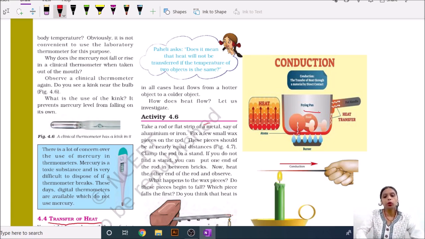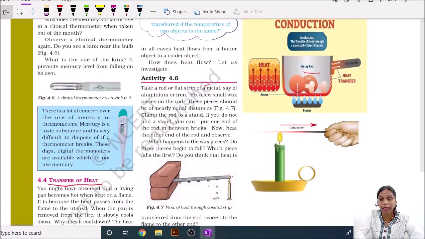For example, you make an arrangement like this diagram. You take one metallic rod, fix wax at equal distances along the rod, and hold one end with a clip.